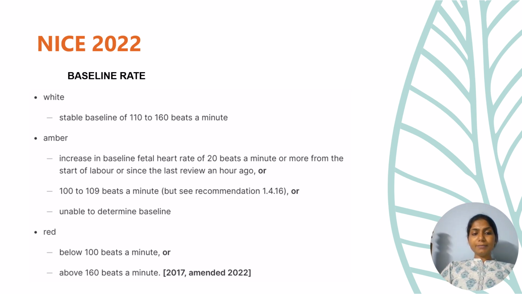So what are the red flags? When the baseline is below 100 beats per minute or above 160 beats per minute. If the FHR is below 100 or above 160, then it is definitely a red sign.